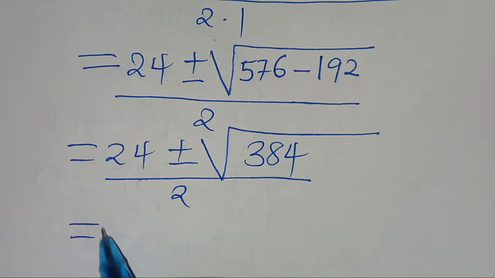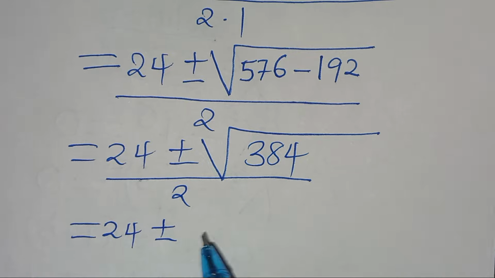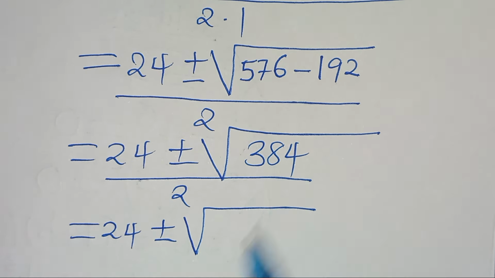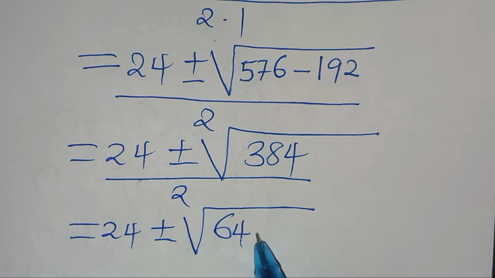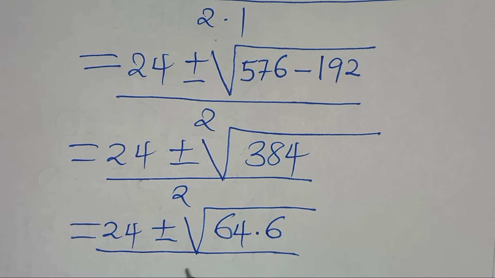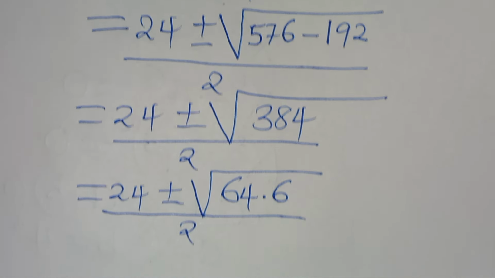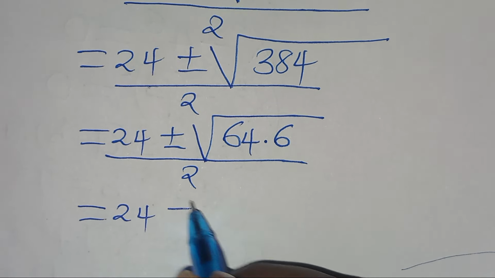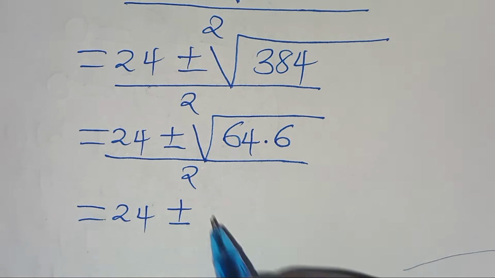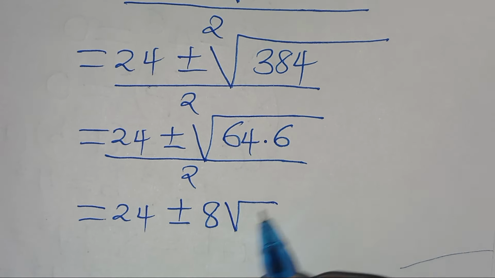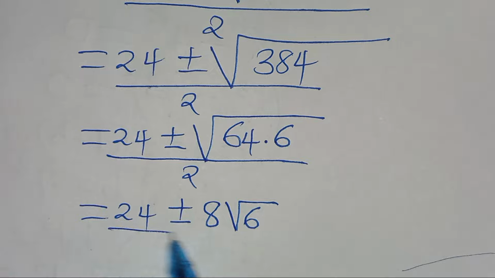So here we have 24 plus or minus, we can express the square root of 384 as the square root of 64 multiplied by 6, everything divided by 2. So here we have 24 plus or minus the square root of 64, this is 8, then square root of 6, divided by 2.